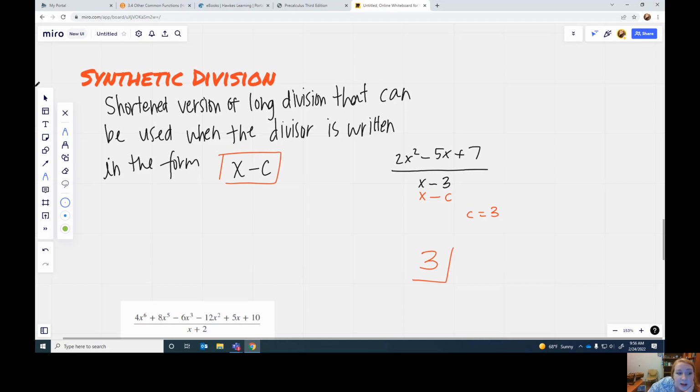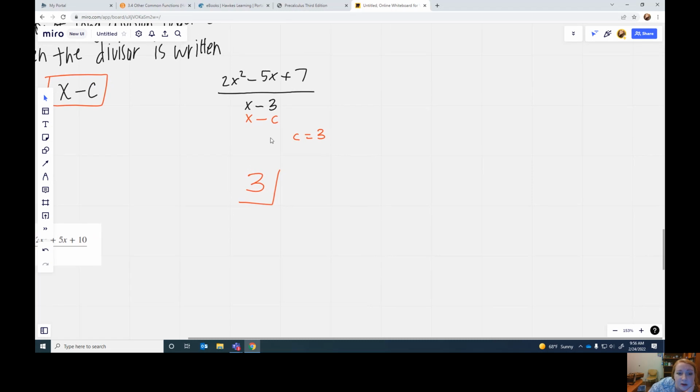Now beside that number 3, we are going to write the coefficients of our dividend, the polynomial in our numerator. So that's 2, negative 5, and 7.